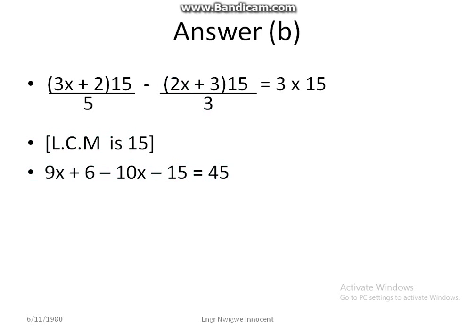And if you do our mathematics, you will now be left with minus s, because 9s minus 10s will give us minus s.